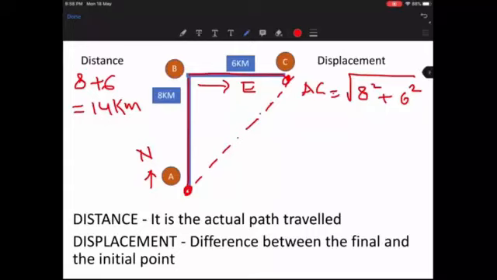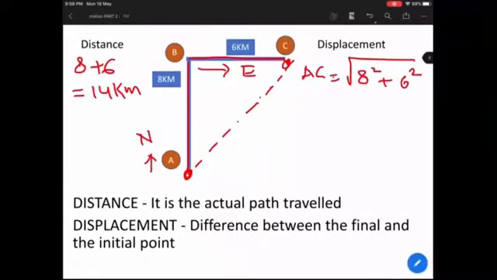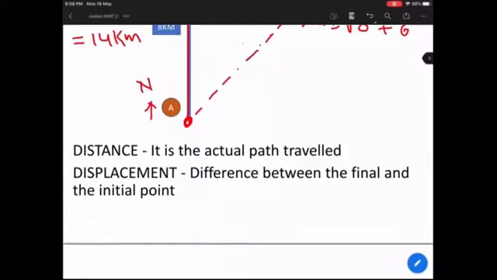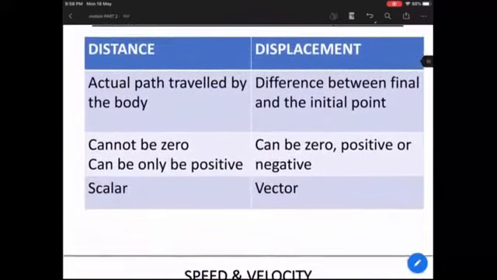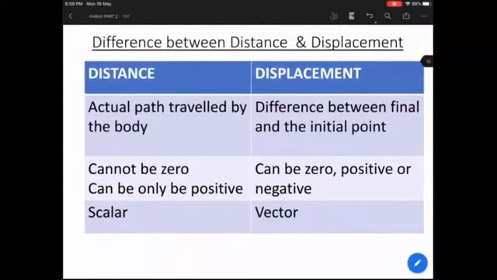I'm sure all of you now understood what is distance and displacement. Let's see some of the differences between distance and displacement. Distance is the actual path traveled by the body. However, displacement is the difference between the final and the initial point. Look at the second point.